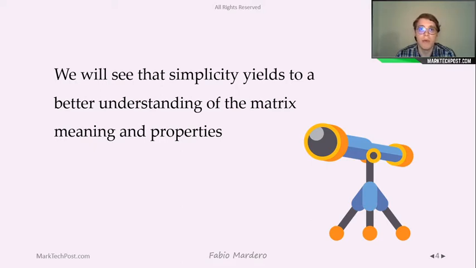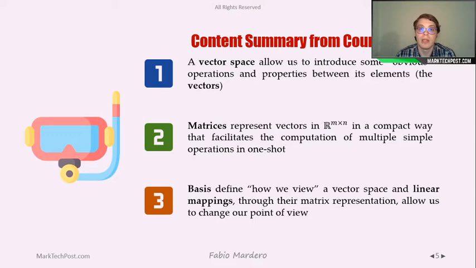But first, let's recap what we studied in the first course when we talked about linear algebra. We studied and defined a vector space, a space where we introduced some obvious operations and properties between its elements, the vectors.